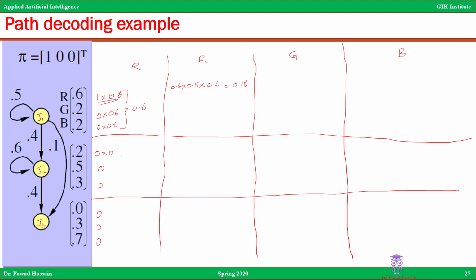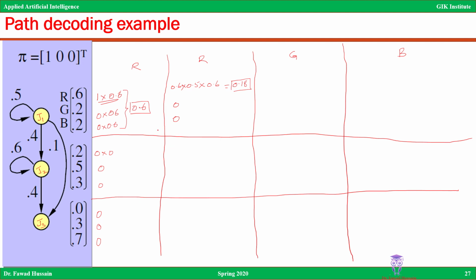The probability that I come from here, so these are all zeros. Even if I come from here, this is going to be 0 multiplied by, and I cannot move from the second jar, so these are all 0, and this is also 0. So this is the probable value. Here also, this is the most probable or the maximum value.